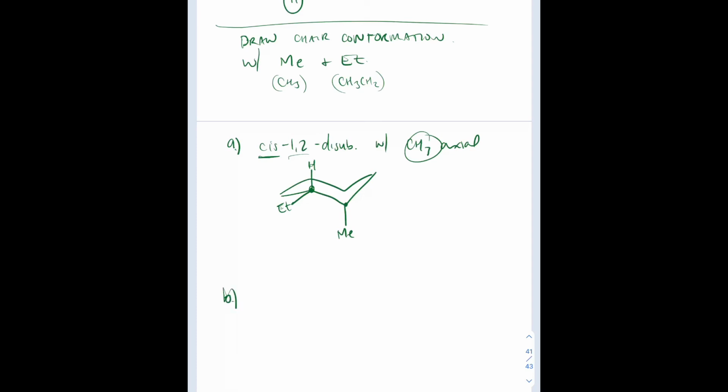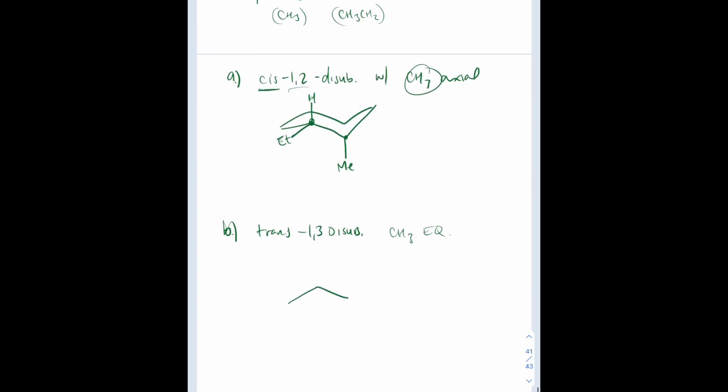Okay, let's look at one example of a trans substituted one. So let's say it's trans and it's a 1,3 disubstituted, and it's got a methyl group in the equatorial position.